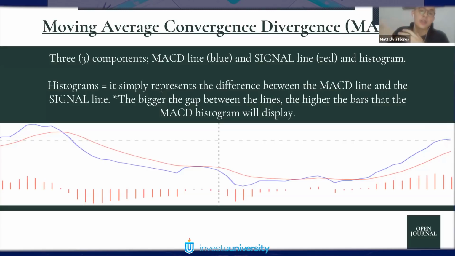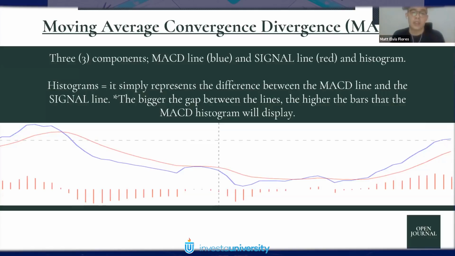And of course, histogram is just an additional confirmation for you to note na, this stock is strengthening, this stock is weakening. So histogram simply represents the difference between the MACD line and the signal line.